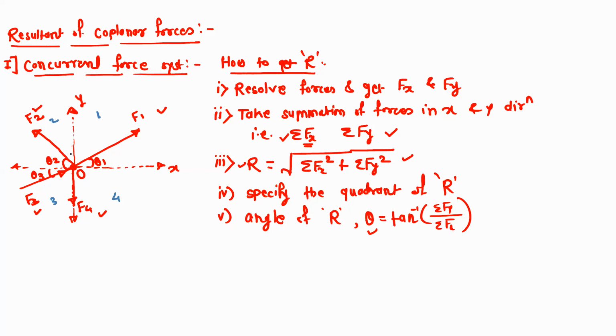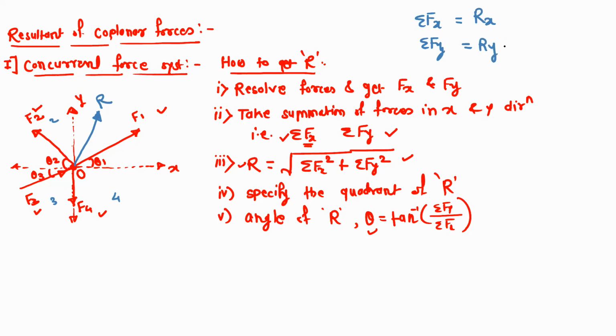So suppose that resultant is acting in the first quadrant only, like this. So this is the R value. Okay. So this R value will depend upon the sign of summation Fx and the sign of summation Fy. So summation Fx will be the x component of the resultant, and summation Fy will be the y component of the resultant.